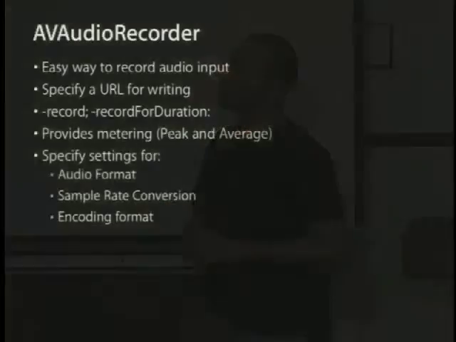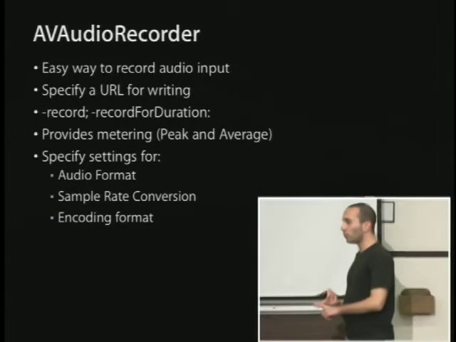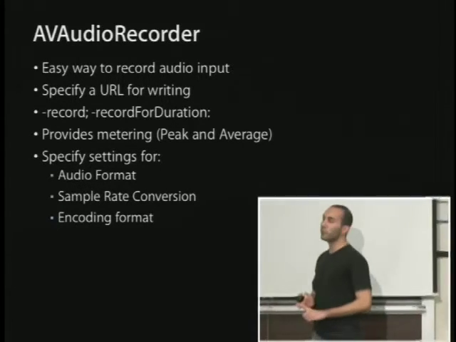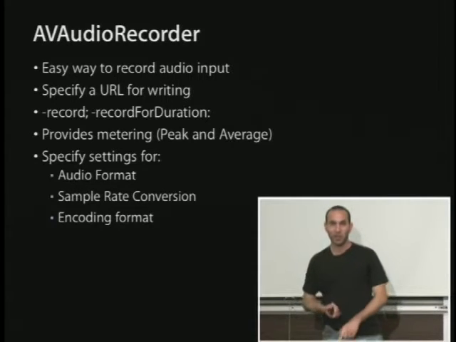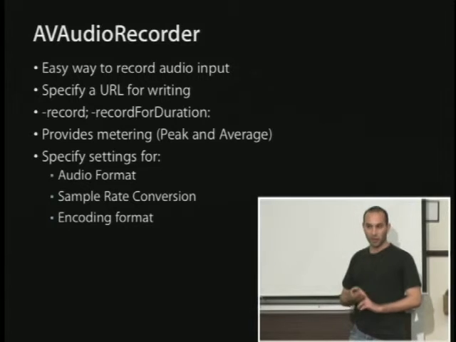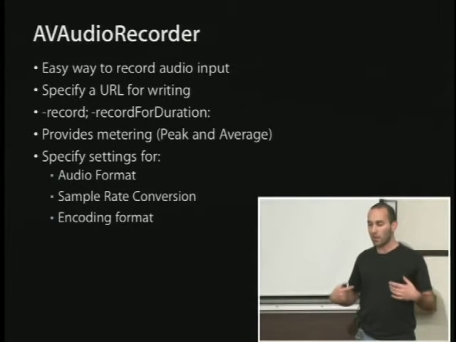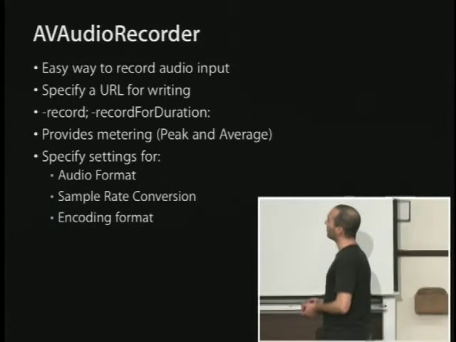So the AV audio recorder, right? You want to input sound. There's 2 ways to do it. The first way is with AV audio recorder, and this is very much a parallel to the AV audio player. It's a Cocoa API, a very simple API, with some delegate callbacks for understanding when recording began and stopped, and if you got interruptions.